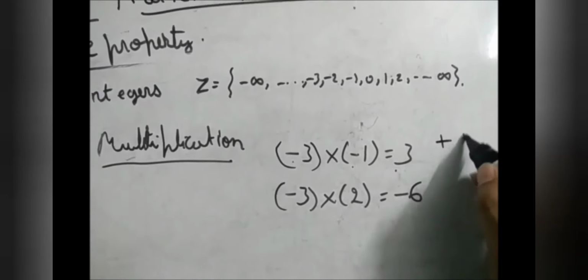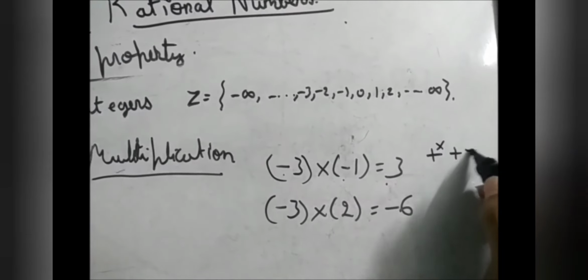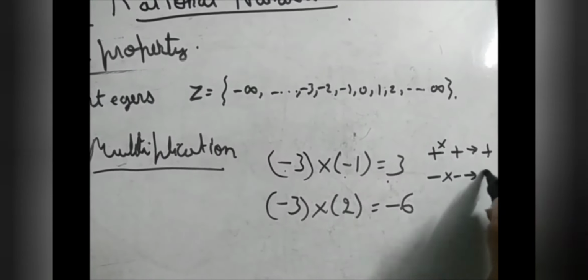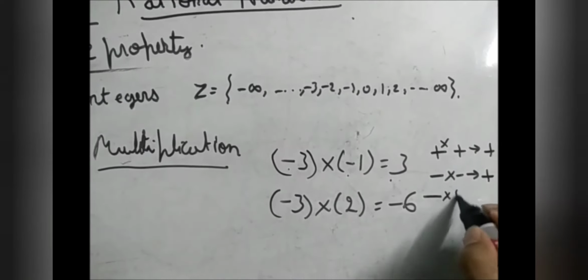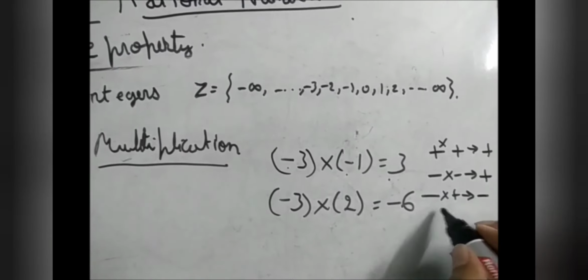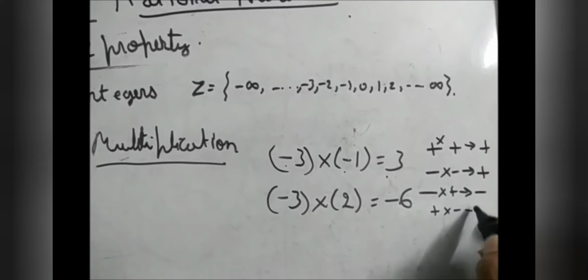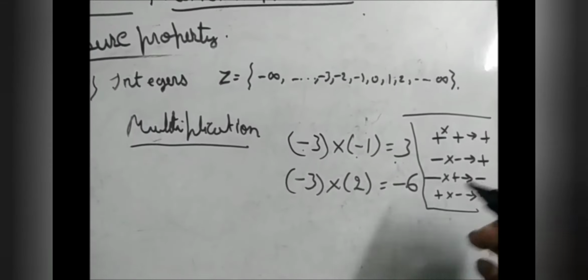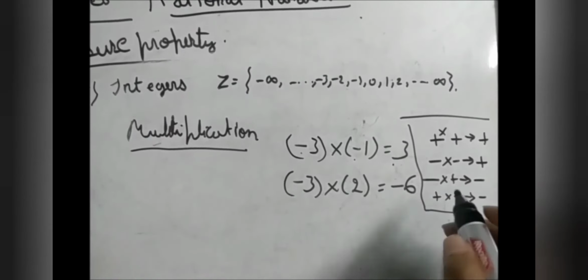The rule is plus into plus will give us plus, minus into minus will give us plus, minus into plus will give us minus, plus into minus will give us minus. You guys must need to remember this rule.